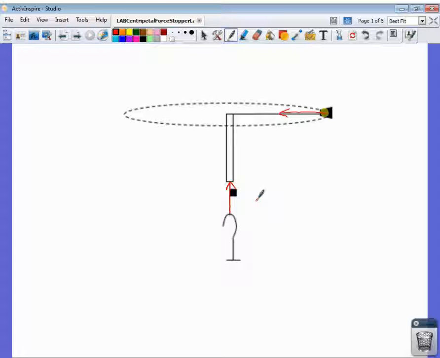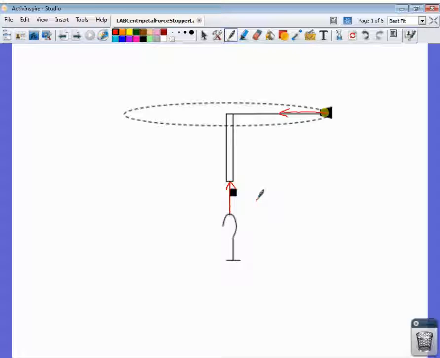That's fine, but there's another force that's going on here, right? While the stopper was accelerating because it's going around the circle, was the hanging mass accelerating? It was just hanging there, meaning it was in equilibrium. What's true of an object in equilibrium? No net force, right? Forces have to balance.